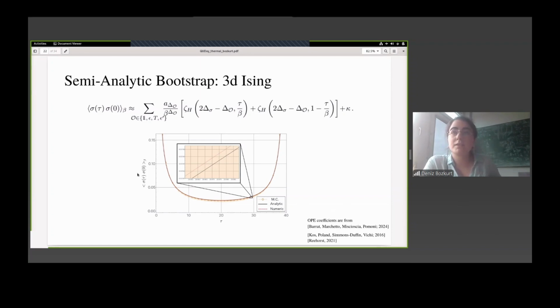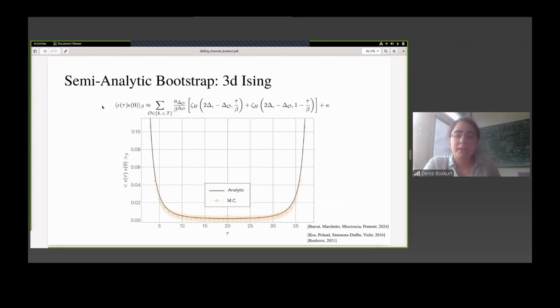This sigma correlator was computed by them, and also by Simons Duffin and his collaborators, and we can improve the previous result. But I have to say that in this case, since sigma is a particularly nice operator, the improvement is not so much. The improvement is on the order of 10 to the minus 3.